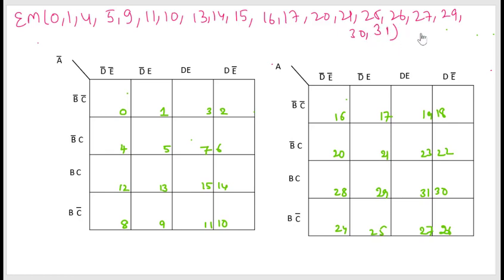So these are the minterms for which output is 1. I will try to fill the K map.